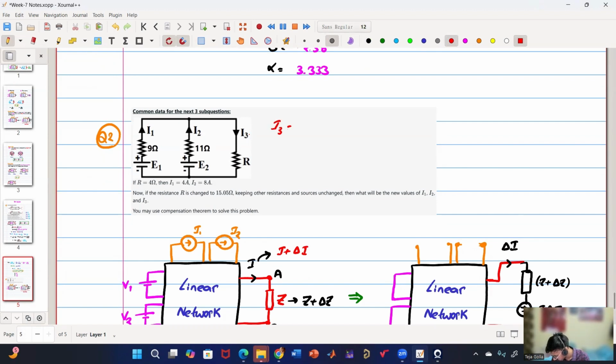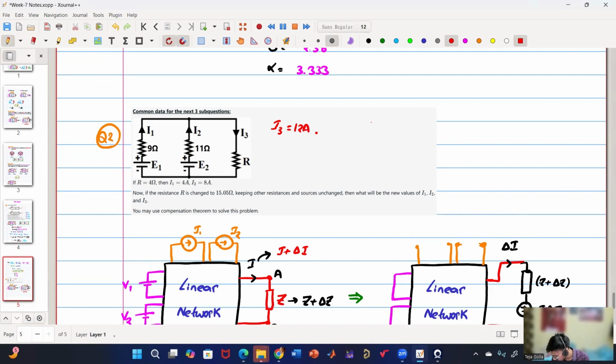Yes, sir. Okay, so can anyone tell me in the original circuit what is the value of I3? I1 plus I2, sir. Yes, which is what value? Twelve ampere. Yeah, so I3 is 12 ampere.